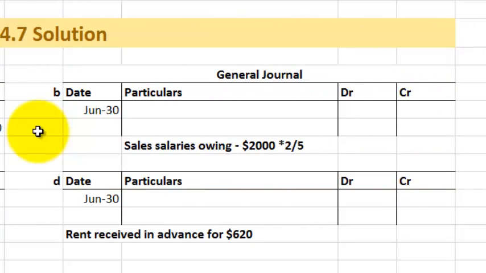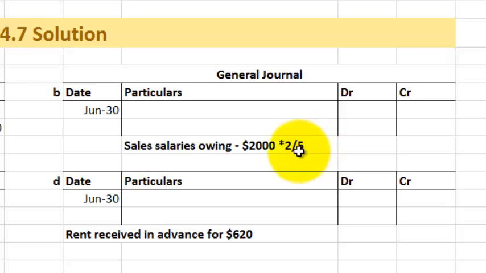Sales salaries are owing every week, but the payment date is on Tuesday, and we've got the balance day on Thursday. So we've got Wednesday and Thursday's sales salaries that haven't yet been accounted for, and what I'm doing for these calculations is assuming that we only work 5 days a week.